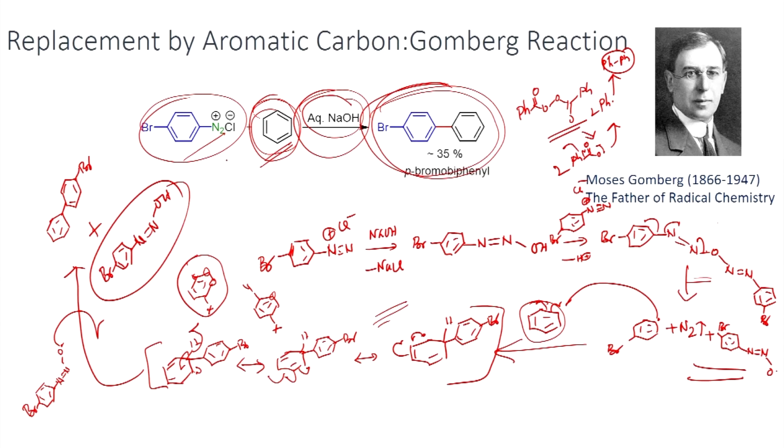So, as I mentioned, this reaction is usually carried out in a biphase system. You have the benzene, and you have to take this salt in aqueous sodium hydroxide. First you form this one. Once you form this one, the reaction proceeds through radical pathway, you will be able to get the biaryl system as a product.